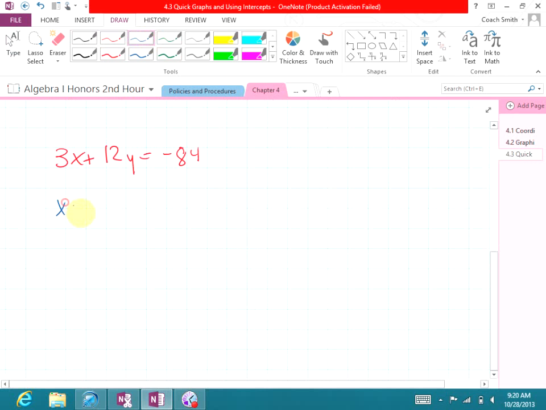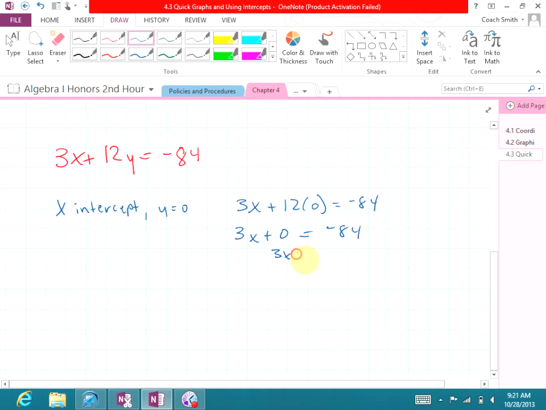So, for the x intercept, we said y is equal to 0. So we're going to make y equal to 0 in our equation. Now we just work that out. 3x plus 0 equal negative 84.